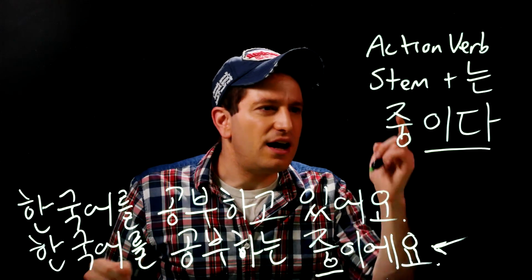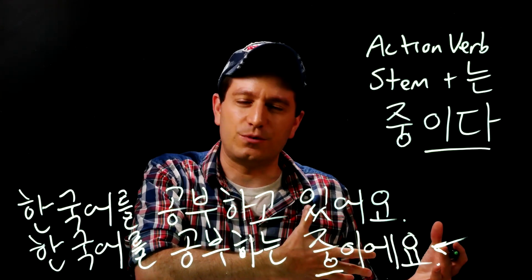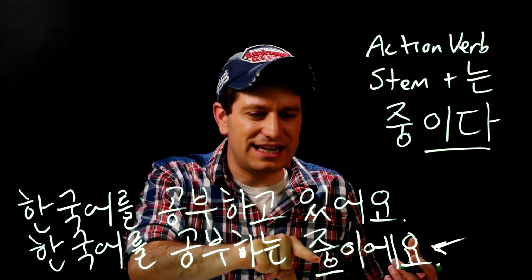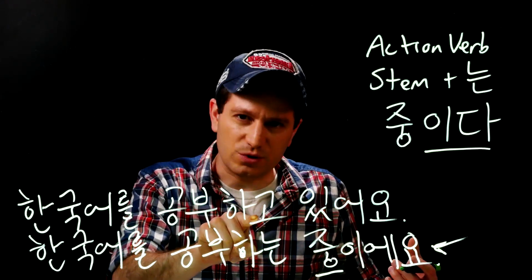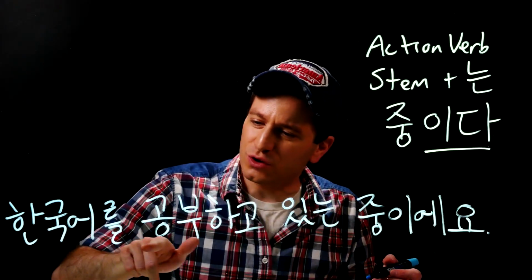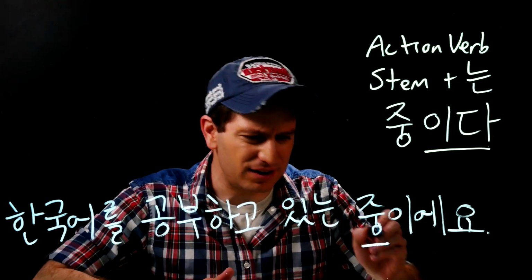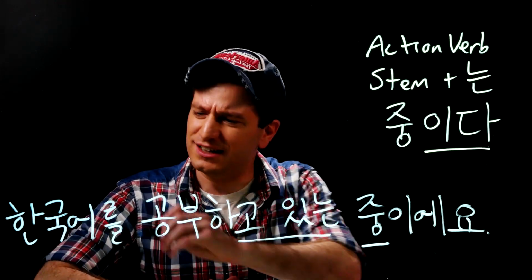In fact, because 중이다 is actually just used to emphasize something going on right now, it often gets combined together with the progressive tense. So I'll show you what that looks like. 한국어를 공부하고 있는 중이에요. So I am in the middle of studying Korean.